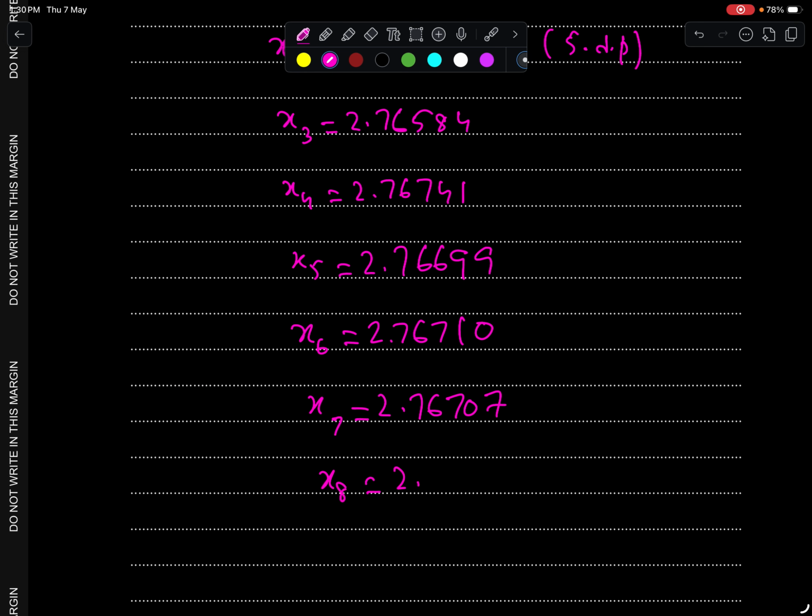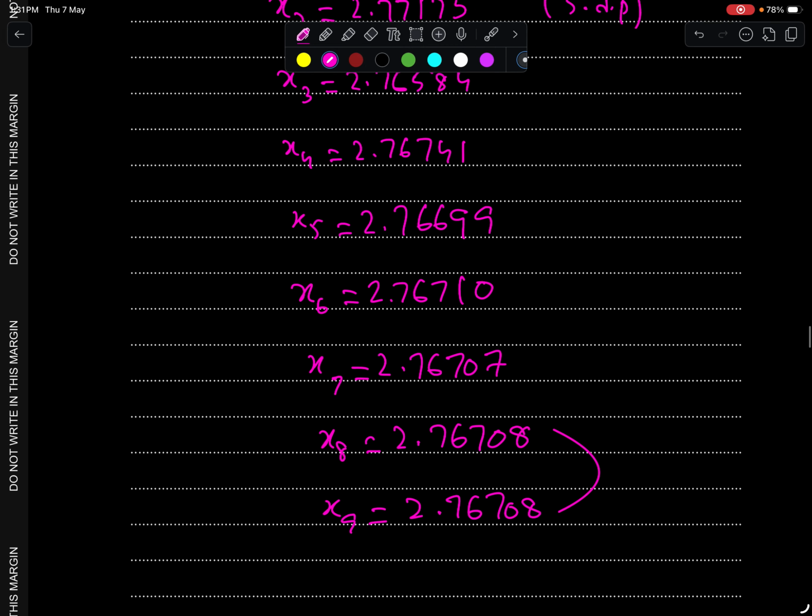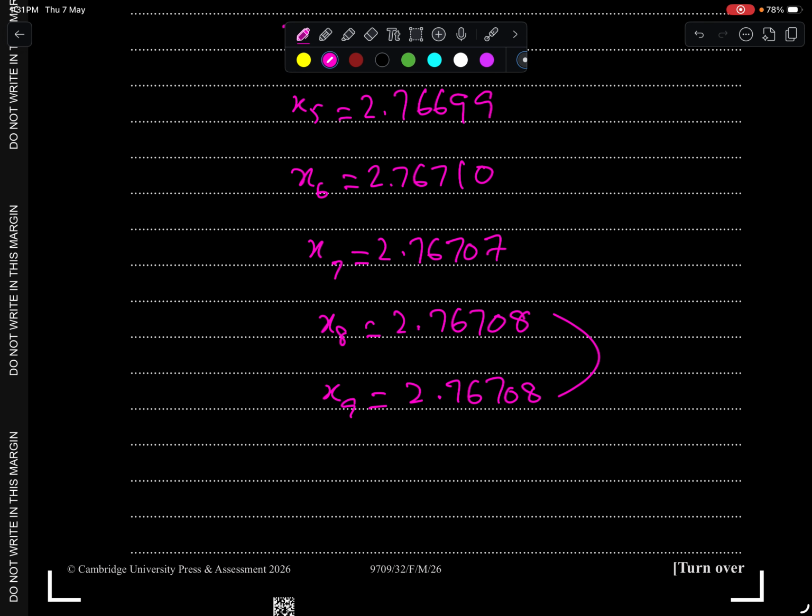x8, 2.76708. x9, same answer. The number has repeated. We have got the repeated answer. Therefore, take the 3 dp value.